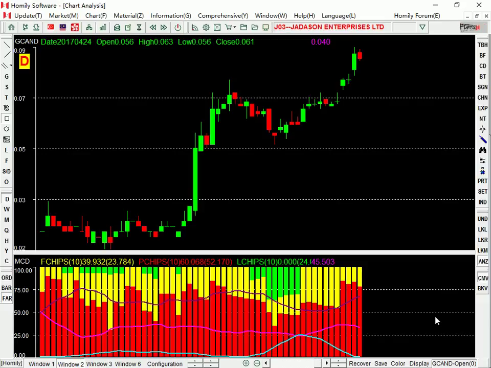So what does that mean? I write for you. Then if you see the red bar above 25, the banker opens position. Then red bar above 50, fully control.